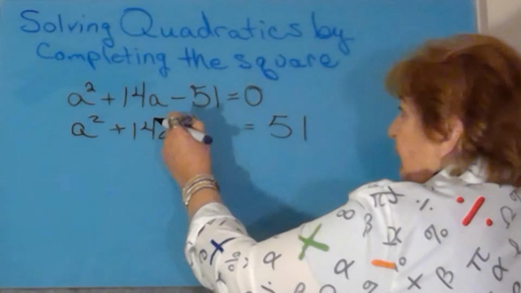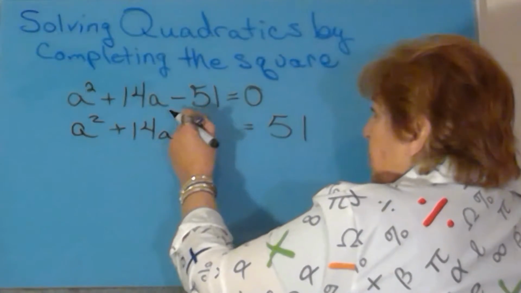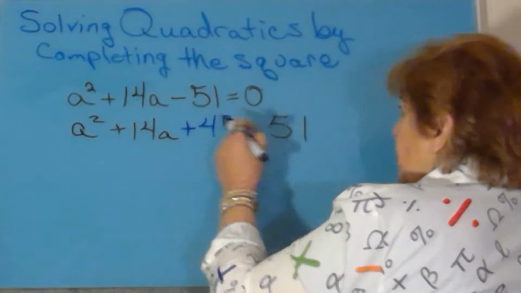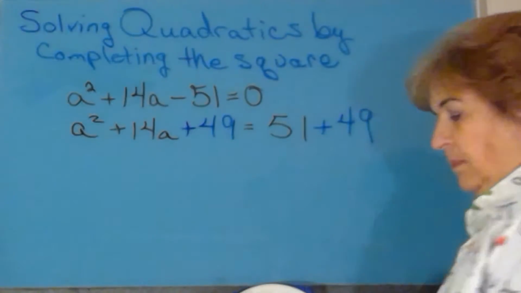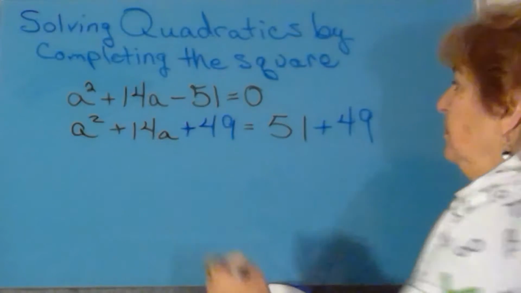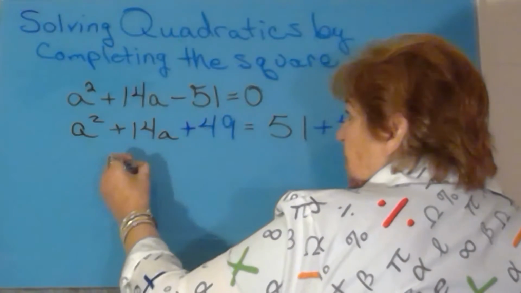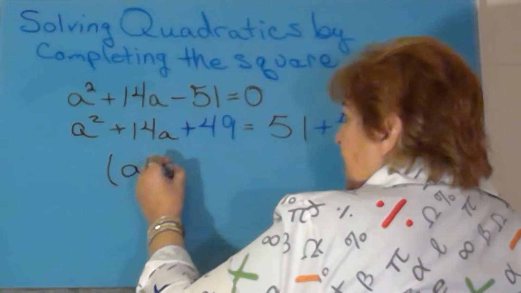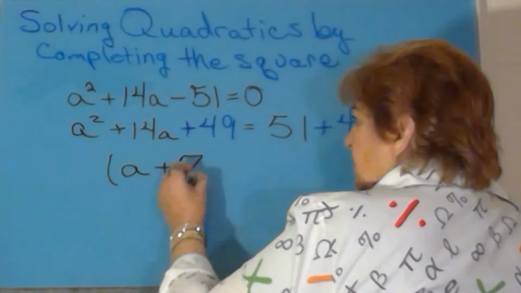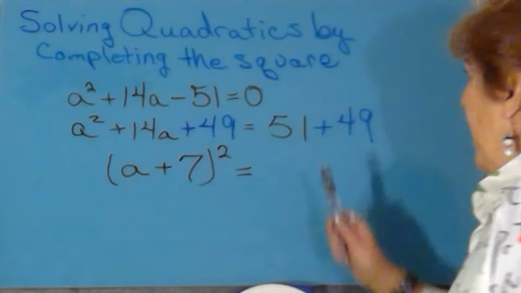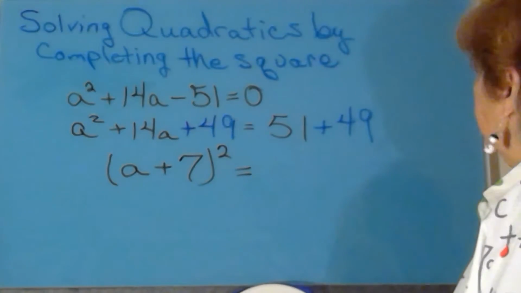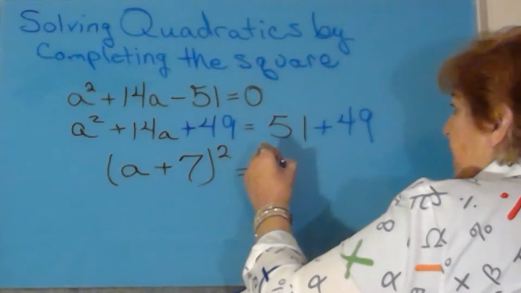So I'm going to add 49 on both sides. That means on this side, I'm going to have a plus 7 squared equals, and 51 plus 49 is 100.